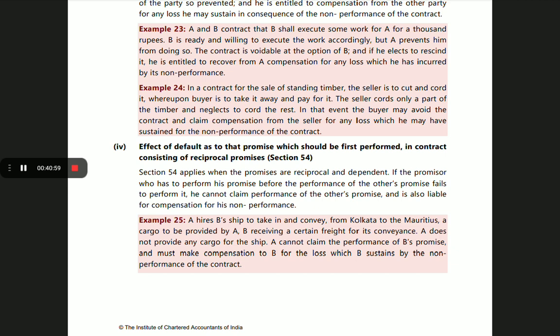If the promisor who has to perform his promise before the performance of the other's promise fails to perform it, he cannot claim performance of the other's promise, and is also liable for compensation for his non-performance.